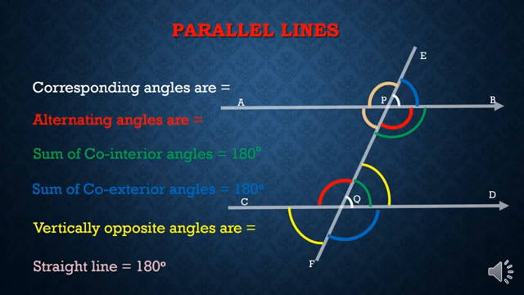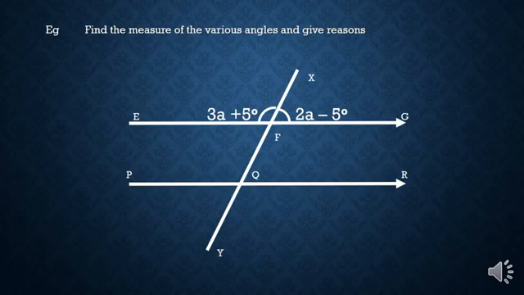Having understood all the various angles and how they are related to each other, let's do this sum. Find the measures of the various angles and give reasons. We have two parallel lines, EFG and PQR, and the transversal is XY.